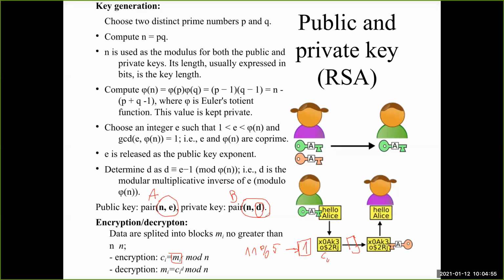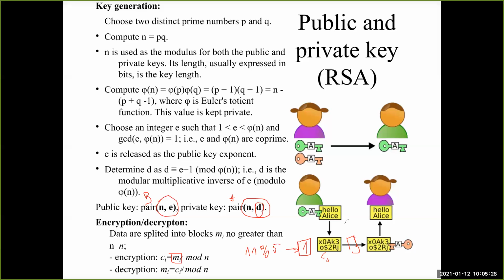Sorry, here I made a mistake, because according to what I said before, this should be a public key and this A should be a private key. But okay, hope you can understand it.